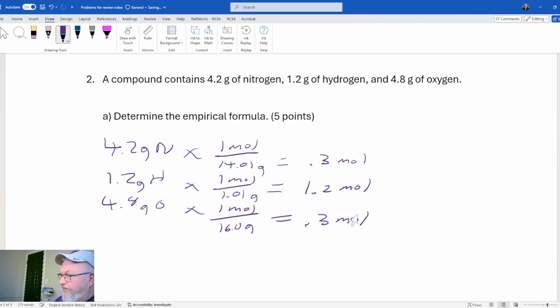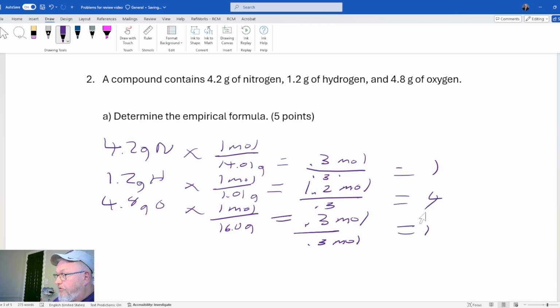Now, I'm going to find the least amount of moles of any of these, and it's 0.3. I'm going to divide everything by 0.3, because I want to get these into whole numbers as much as I can. That's going to be 1, that's going to be 4, that's going to be 1. So that gives me my empirical formula.